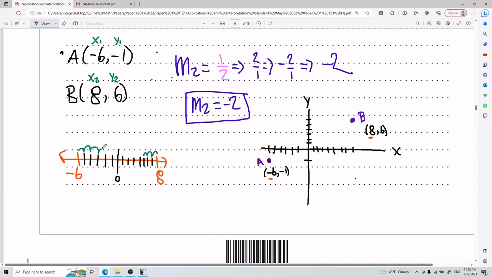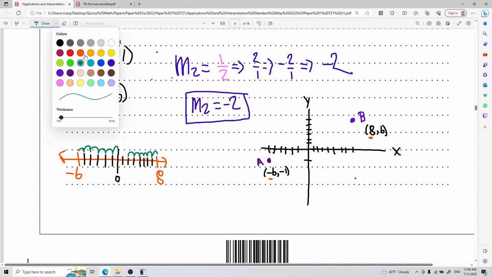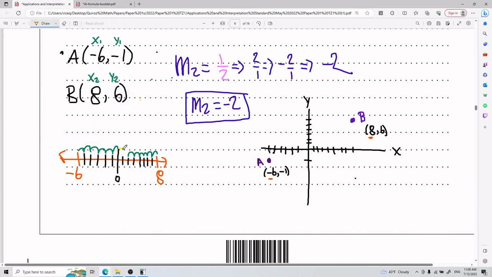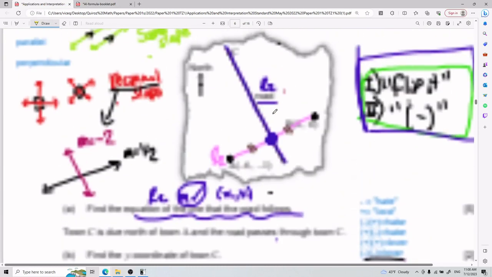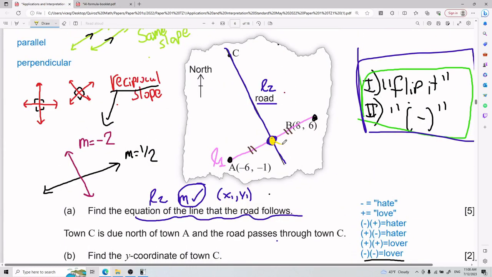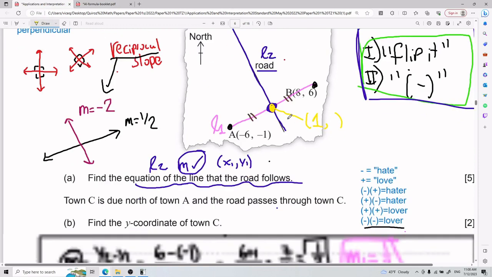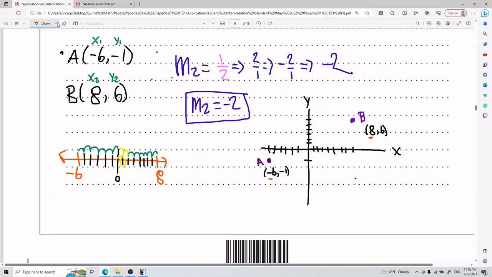Then -2 and 4, -1 and 3, 0 and 2, 1. If I do this one more time, they both meet over here at 1. So what does that tell me? That my middle point for my x values is going to be 1. So this point here has an x value of 1, 1 comma something.